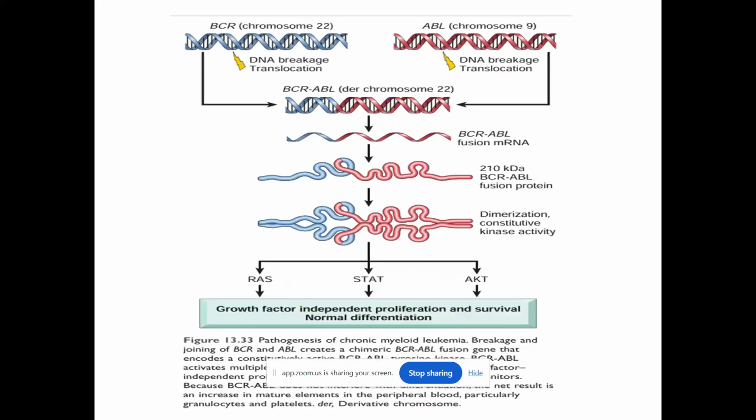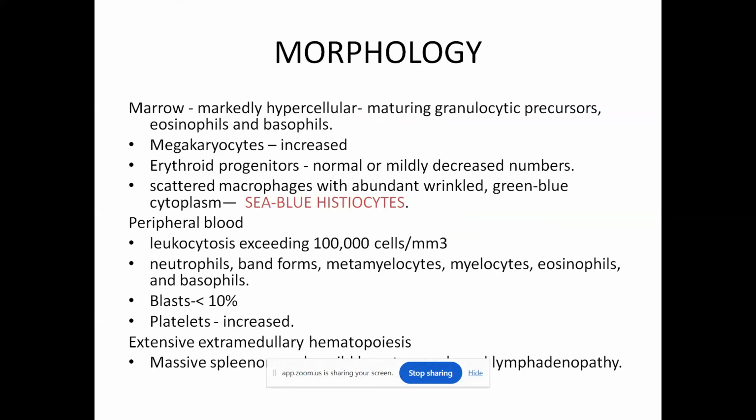This is the picture showing BCR on chromosome 22 and ABL on chromosome 9. They produce the BCR-ABL fusion mRNA, producing an active tyrosine kinase. Coming to the morphology of chronic myeloid leukemia, usually the marrow will be markedly hypercellular.